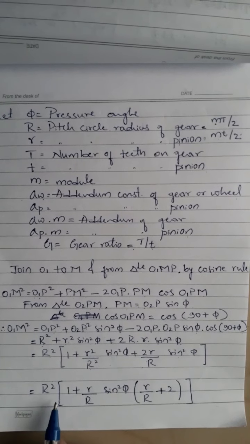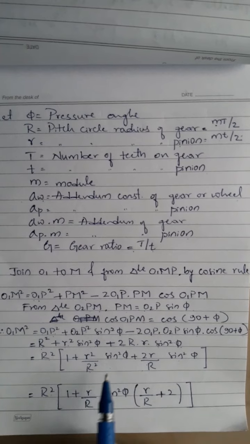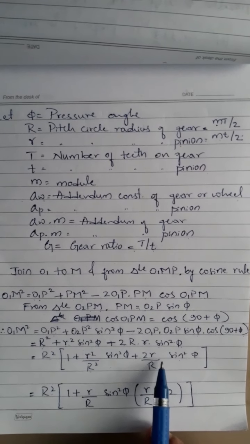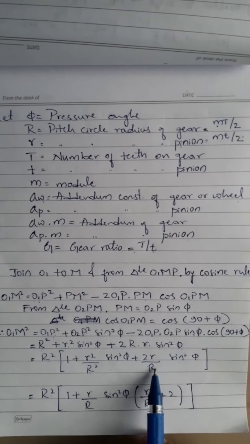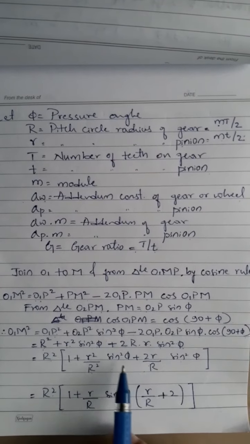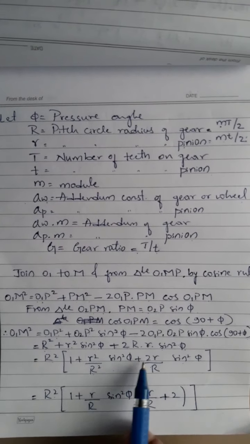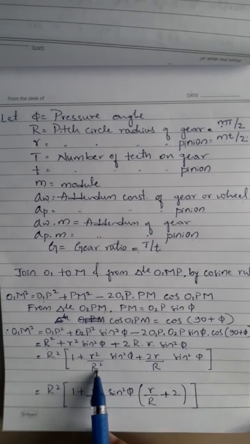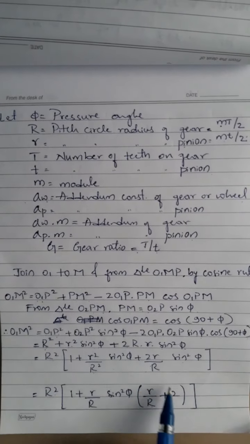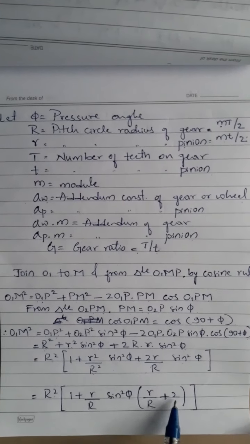Again simplifying this equation, r square outside 1 plus, and between these two equations we'll take r divided by r into sin square phi as a common. So when we take r divided by r into sin square phi as a common, here we are left with r divided by r plus, and here we are left with only 2.